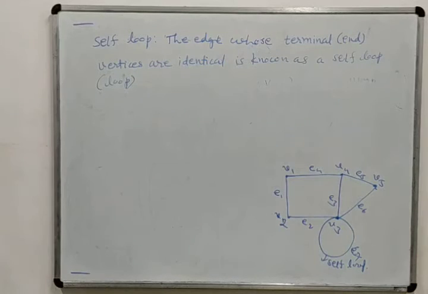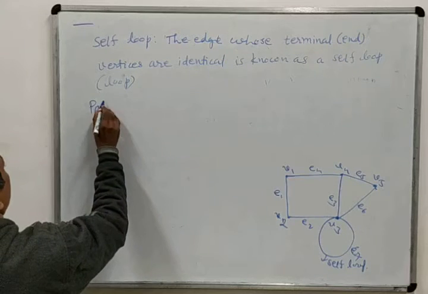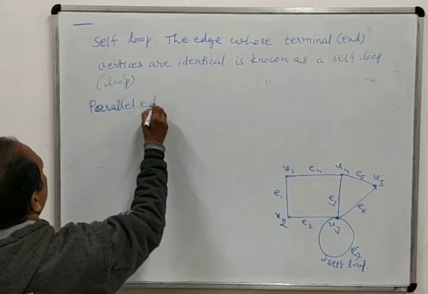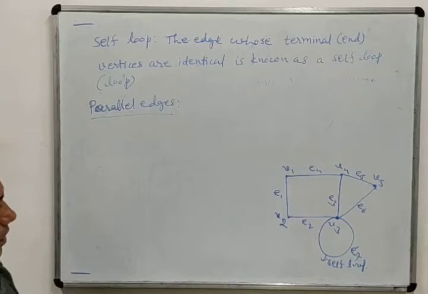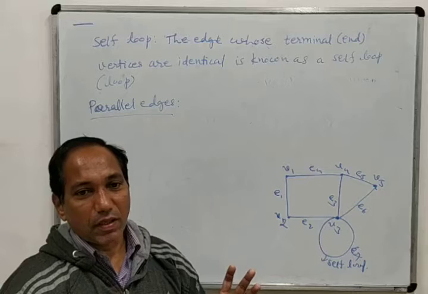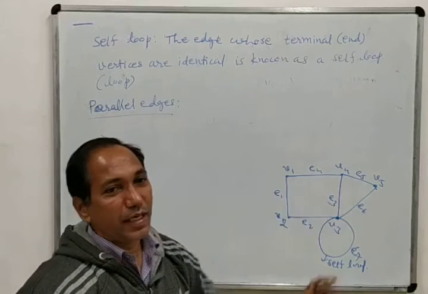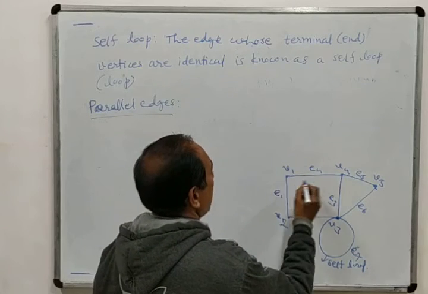Then let us see another definition, parallel edges. Here one thing you remember is that whenever we draw the edges, it is not compulsory to draw the edge in a straight line form. You can draw it in any form.